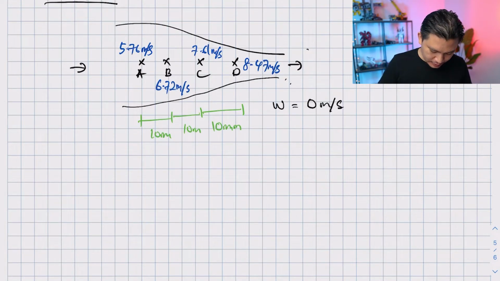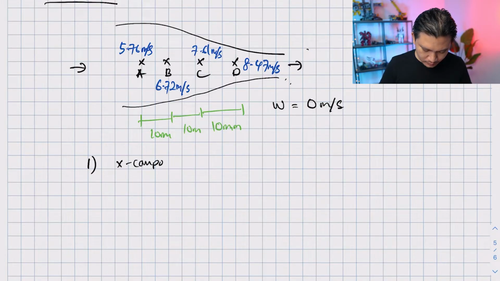And the question is now asking for two things. The first thing is, what is the x component of acceleration at point C?